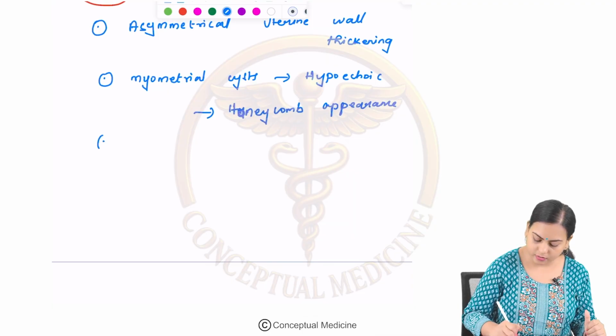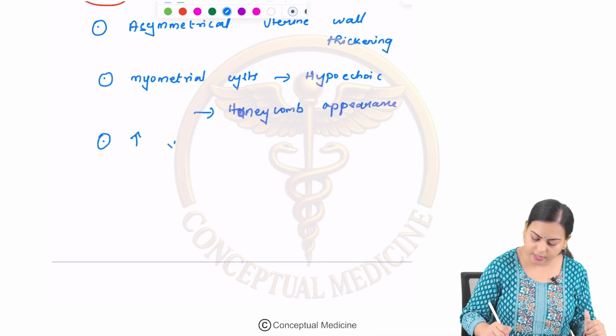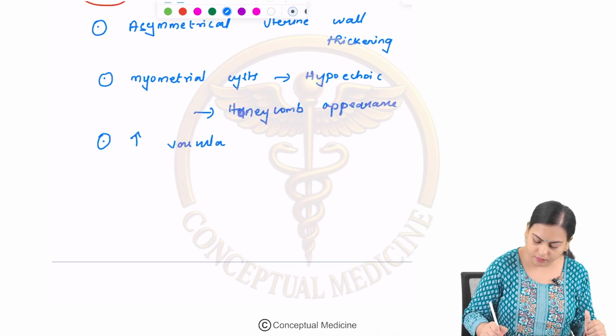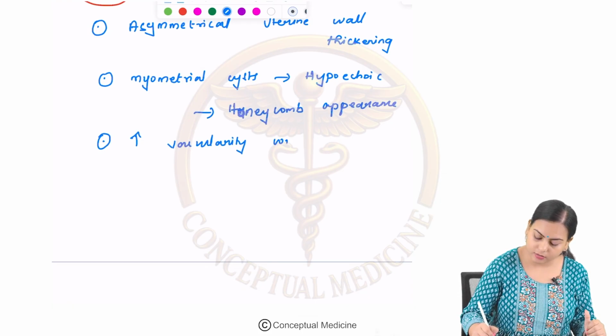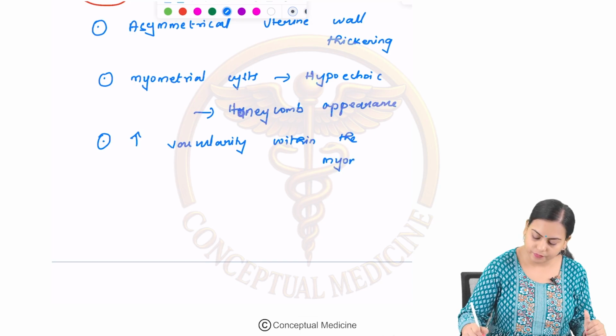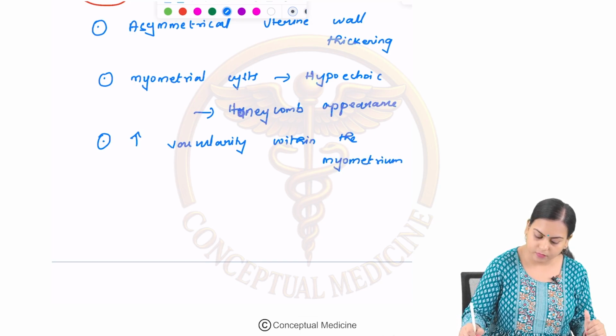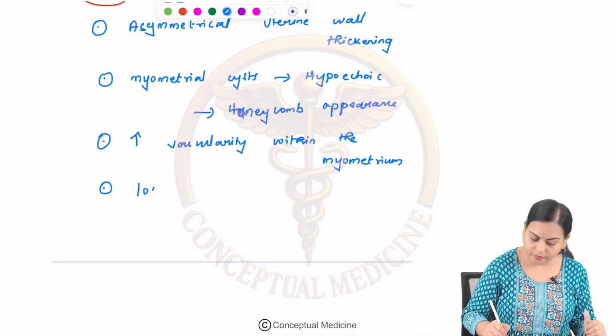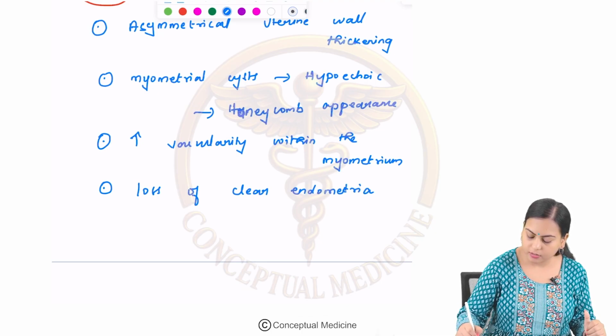There is increased vascularity within the myometrium, and finally there is loss of a clear endometrial border.